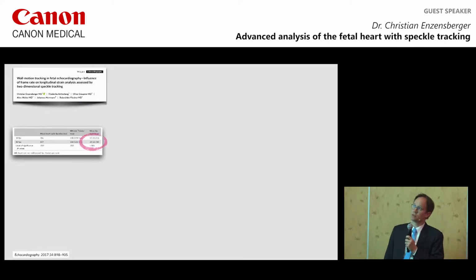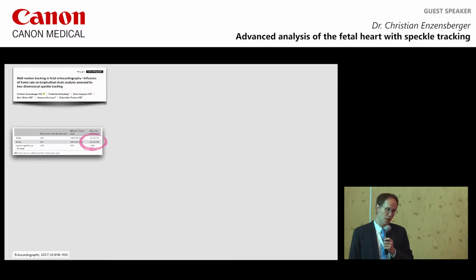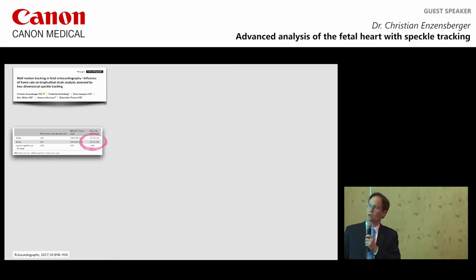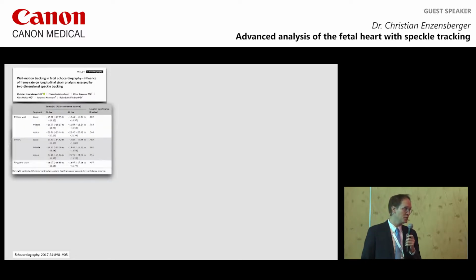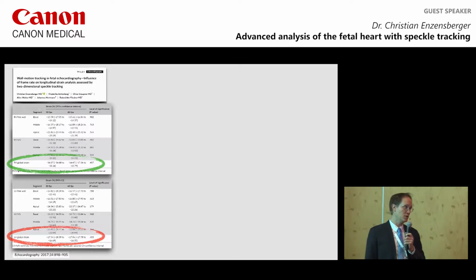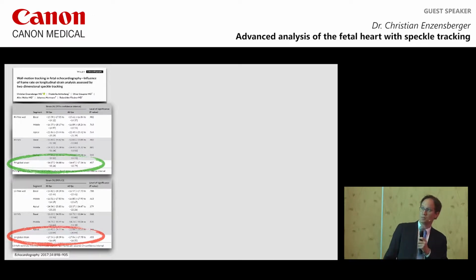We first checked the way your video loops in your clinical department or in your private practice are saved, with either 30 or 60 frames per second, and we checked whether there is a difference between both frame rates, and we could detect that there is no difference between those two frame rates. They are very low, obviously.